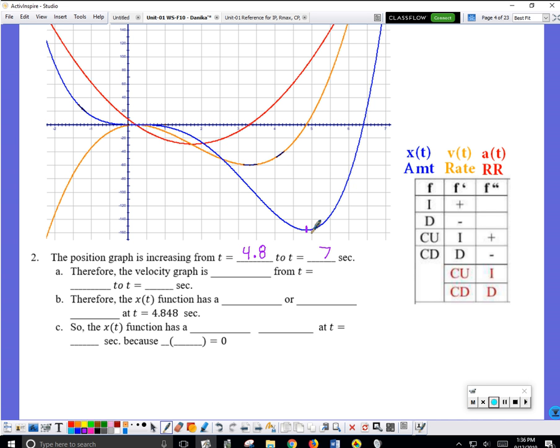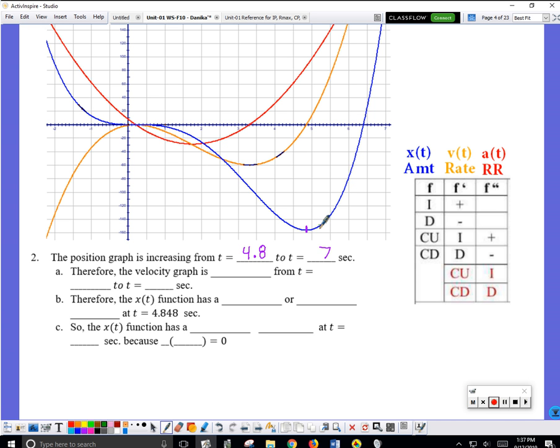Okay. It says, therefore, the velocity graph, okay, here's the connection. Velocity, this hopefully will answer the question. Velocity is rate of change of position. It's how fast the position is changing. Well, just look at this little section right here. As you follow the curve, just say it out loud.